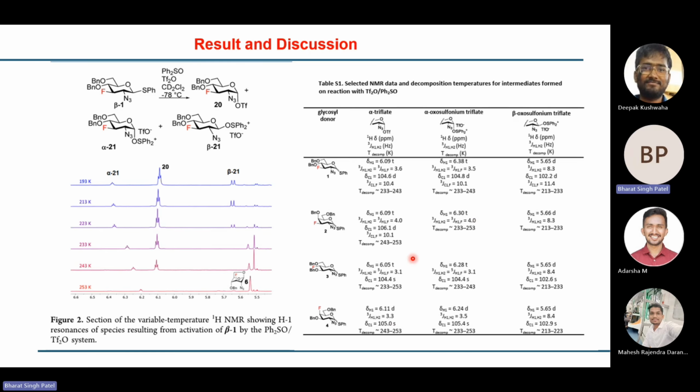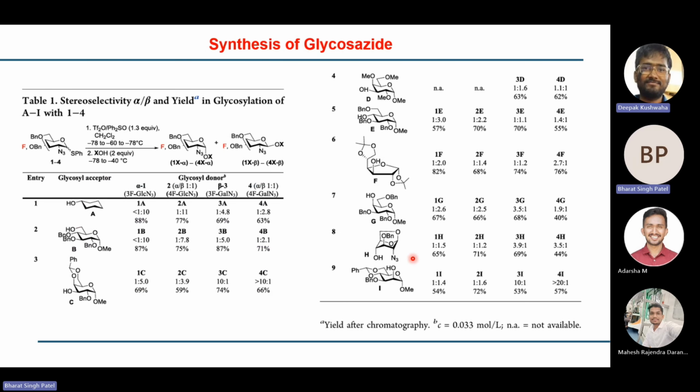So based on that, they're pre-activating the donor, whatever donor they have taken, and then they use this acceptor, and also they are taking the base TMBP, so that there will be no configuration exchange like alpha beta exchange.